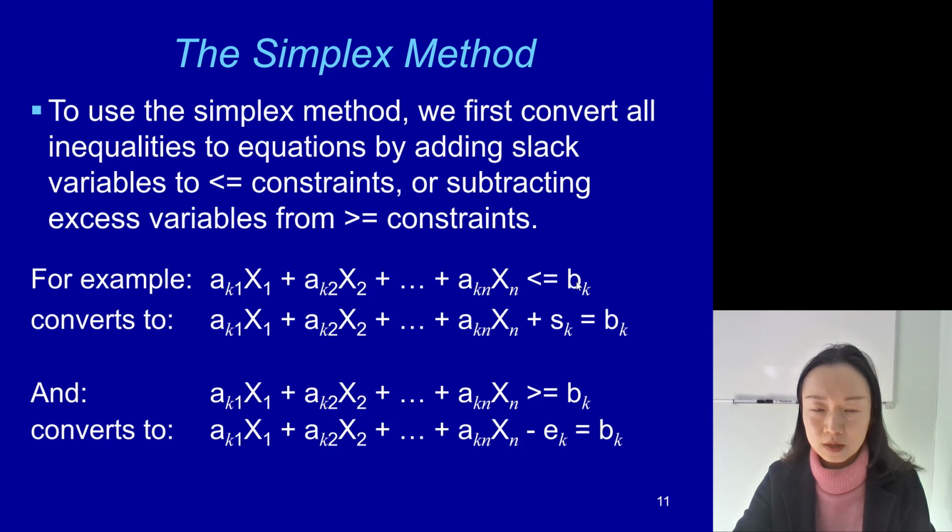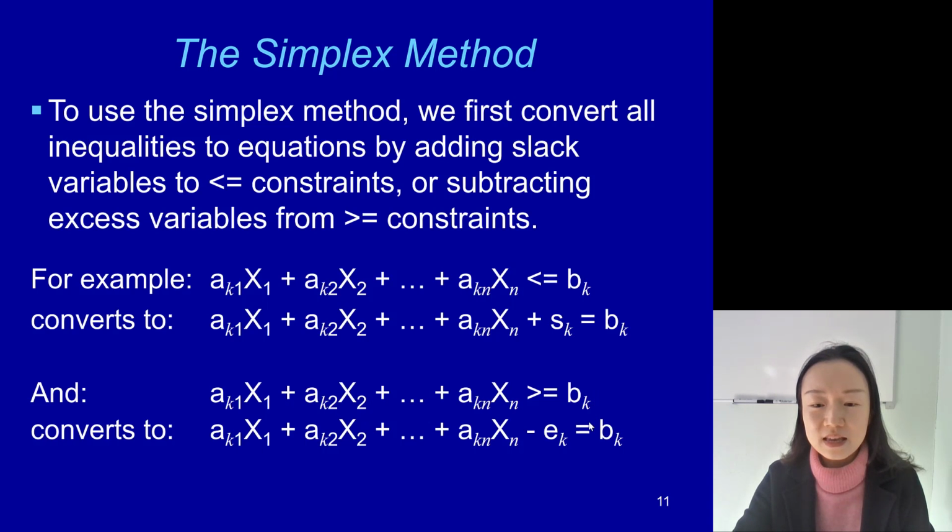Similarly, for a greater than or equal to constraint, we convert it by subtracting an excess variable. As long as this excess variable, e_k, is positive or 0, then this equation is the same as the inequality constraint.